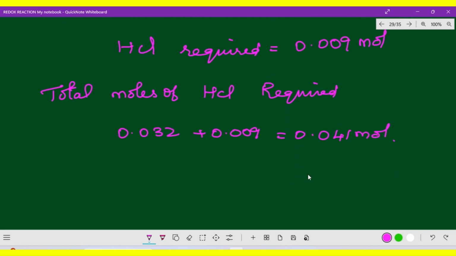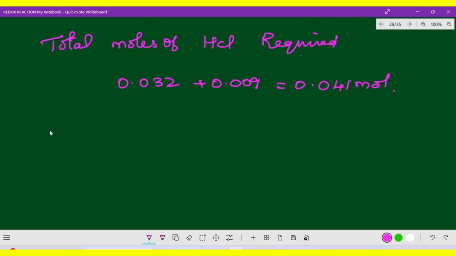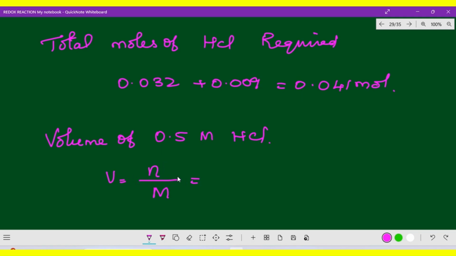Now we come to the final point, the volume of 0.5 M HCl. Volume of solution is equal to number of moles divided by molarity, since molarity is number of moles of solute divided by volume of solution in liters.